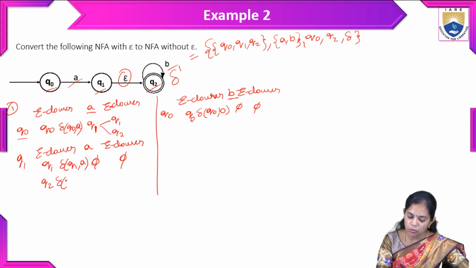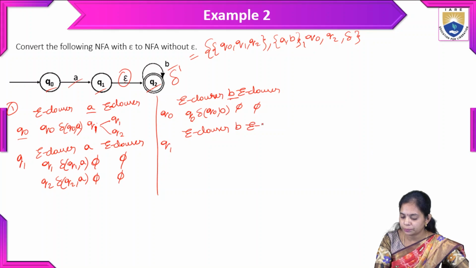And transition of Q2 comma A is also phi only. The same thing we do for the B input, for the same state Q1, and we need to find the epsilon closure for the input B also.